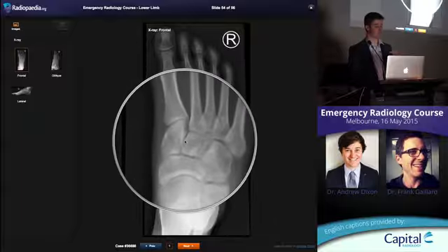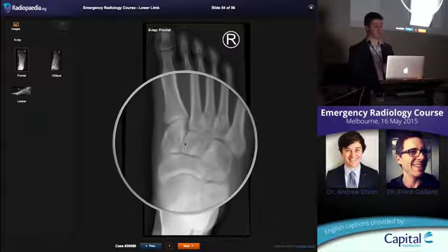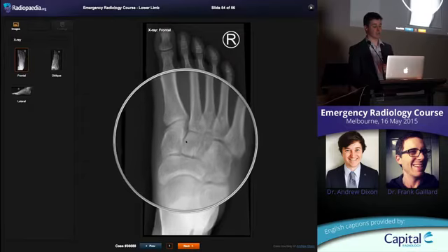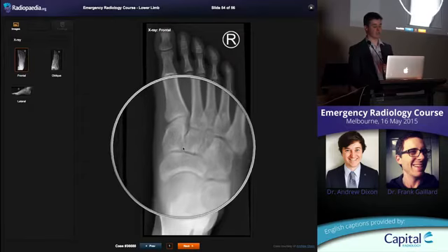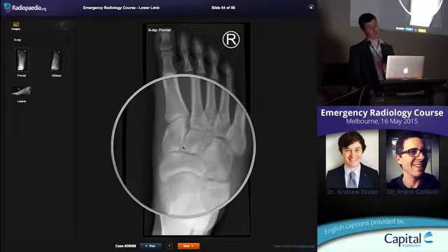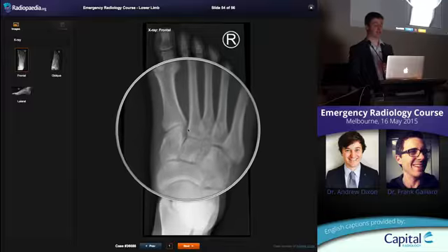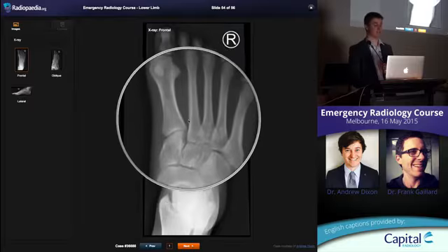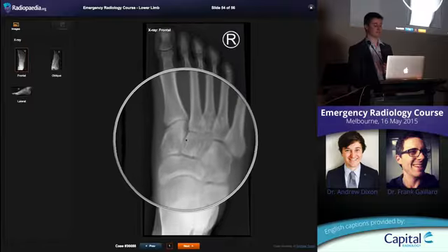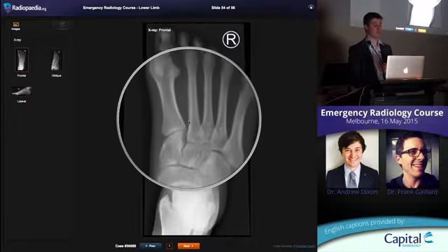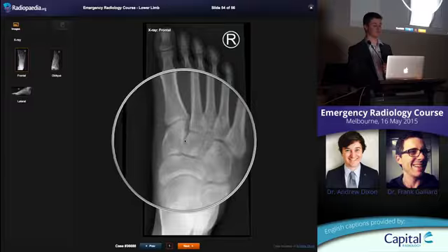This is the key alignment here. The alignment of the intermediate cuneiform, sorry, and the base of that second metatarsal. That should be a nice smooth line between those two.